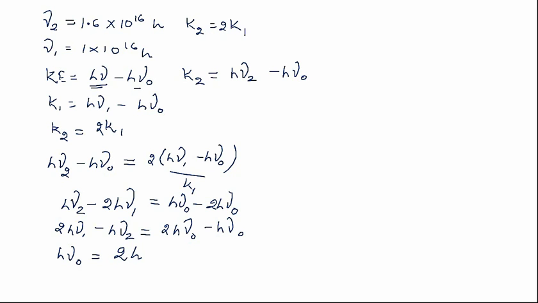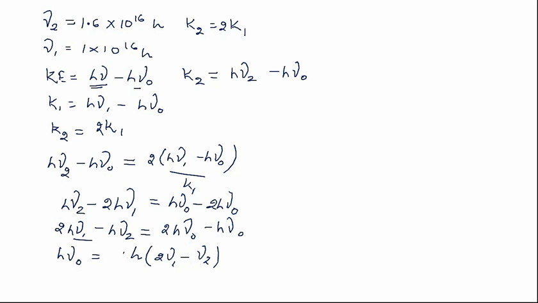You can take out h as common, and it would be 2h minus h, and this will give you h multiplied by 2 nu1 minus nu2.